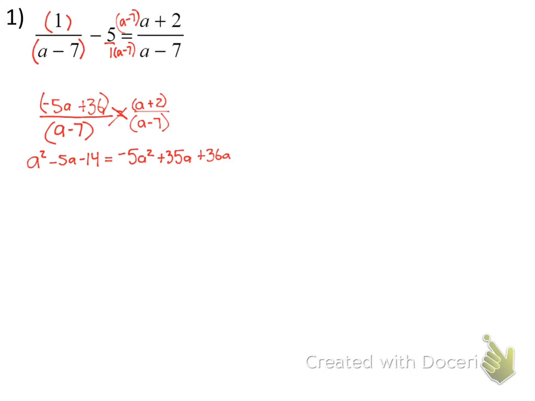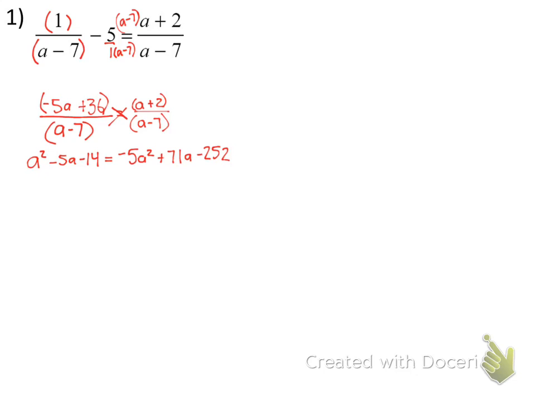So we combine these two and we get 71a, right? And then we have positive 36 times negative 7, negative 252. And again, you should start using your calculator on these types of problems.